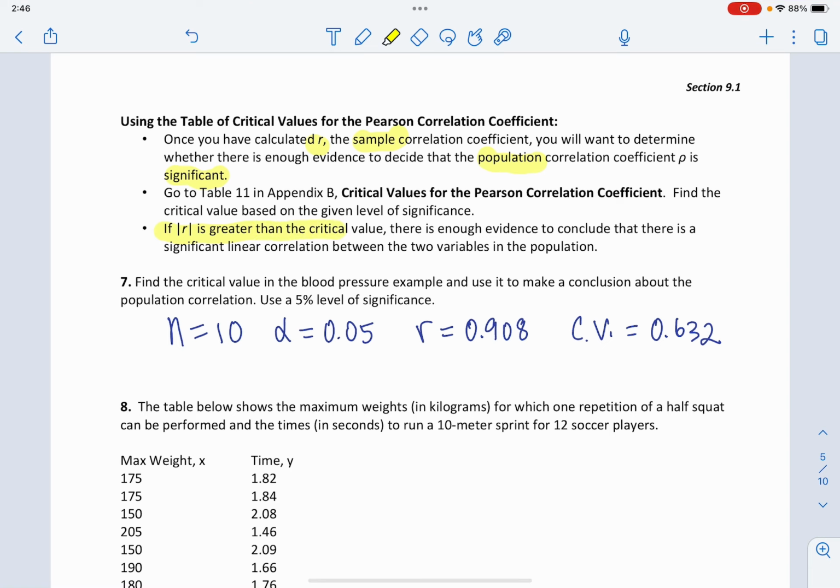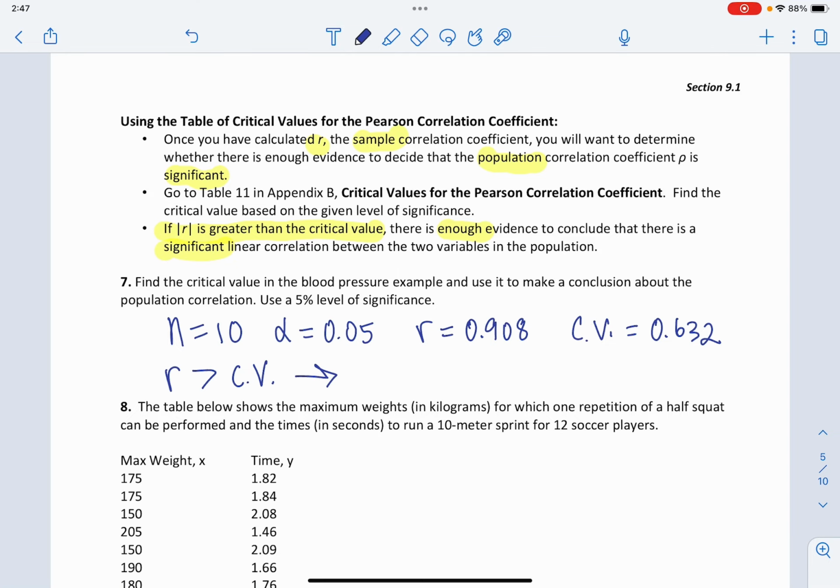And then the way this works is bullet point number 3 above, right? If the absolute value of R is greater than the critical value, then there is enough evidence to conclude a significant linear correlation. And notice it's the absolute value of R. That means if R is negative, just ignore it, so don't do any negatives. It's just comparing R to the critical value. So here we have R is greater than that critical value.